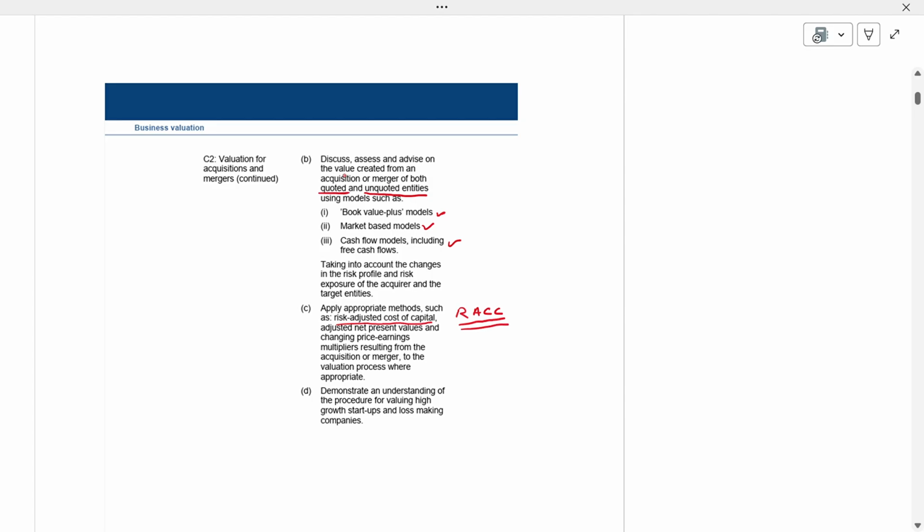Okay, see this, we have done this. Is it? No, we have not done this. I'm just recollecting. Adjusted net present value. Any idea about adjusted net present value, why we calculate?